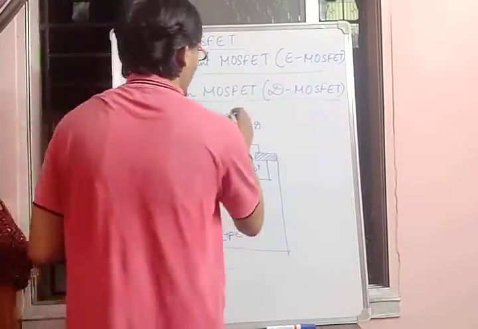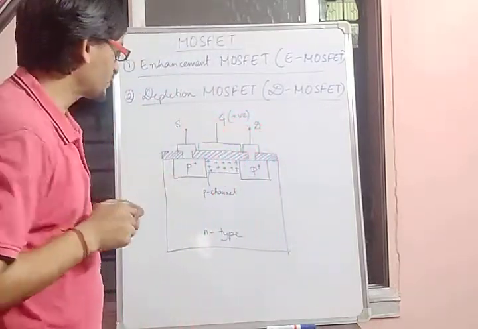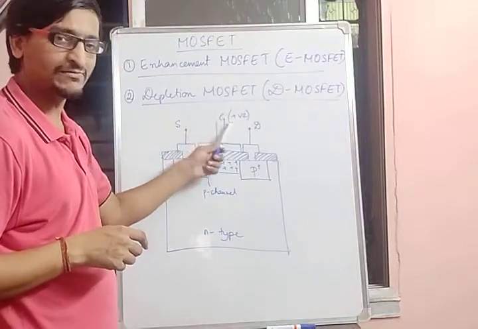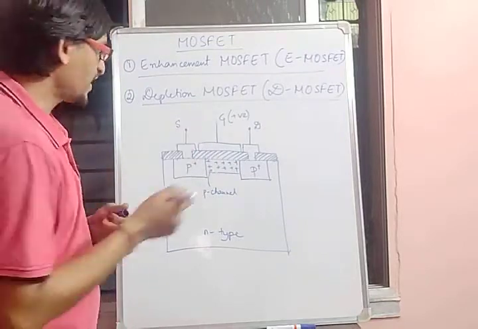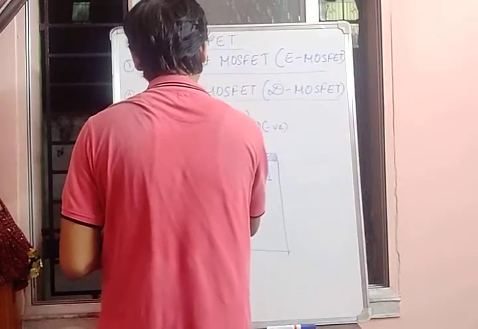Now say suppose I apply a positive voltage at this gate terminal with respect to source.